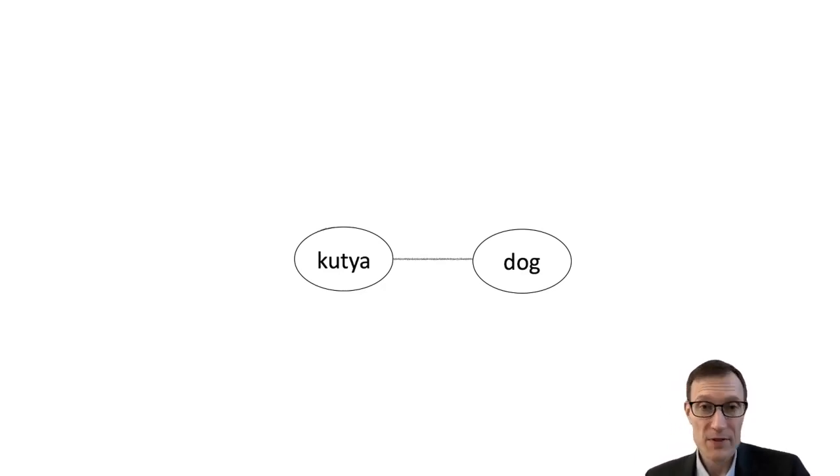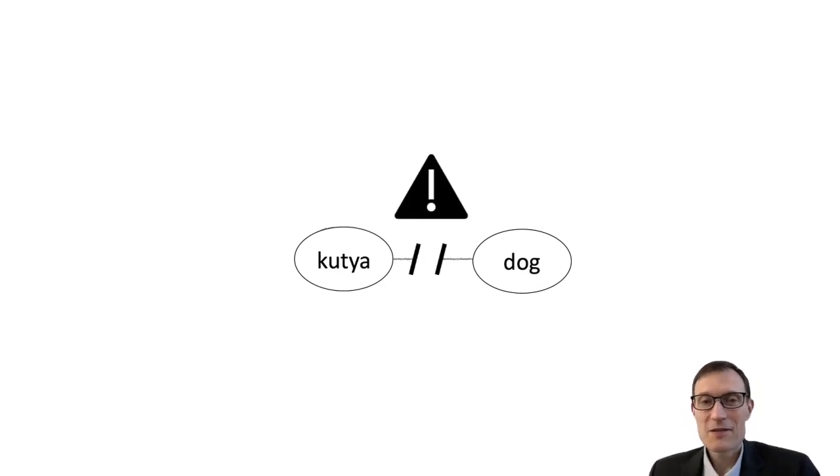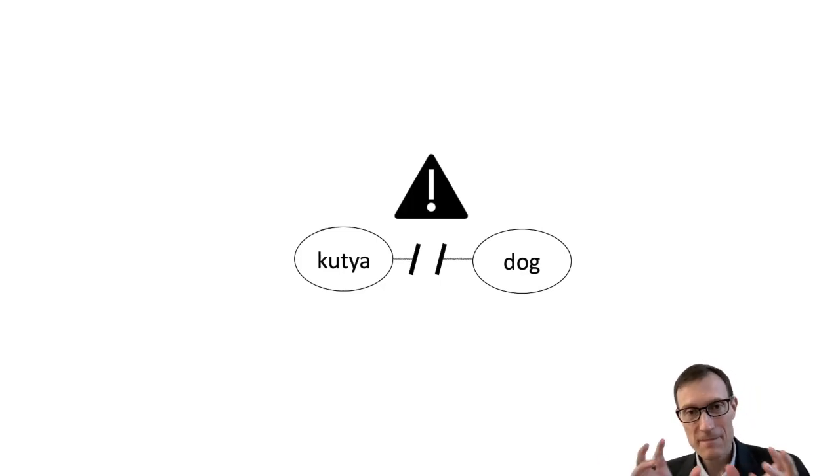There are some problems with this approach. First of all, if you're trying to learn a word and then learn its translation, we run into problems immediately, because it's a very weak link between these two words.